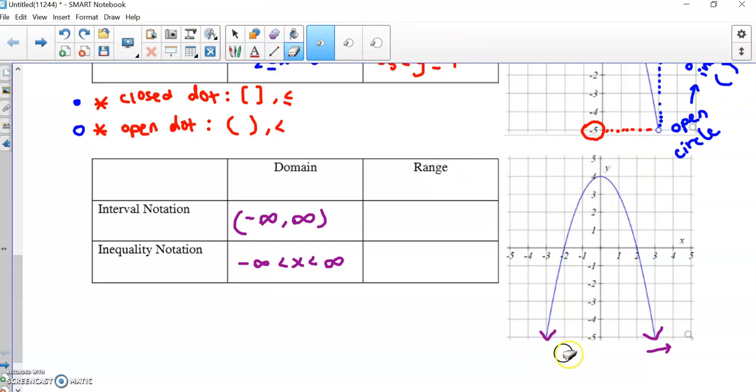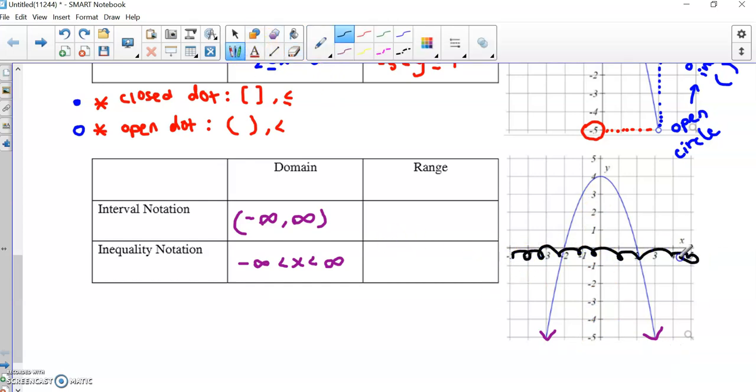So I can go ahead this time and ignore the x-axis, ignore all these numbers. Now we're looking low to high. Now this graph is obviously going down forever and ever. So the lowest it gets is really just going to be negative infinity because it doesn't stop. And the highest, it stops at 4.